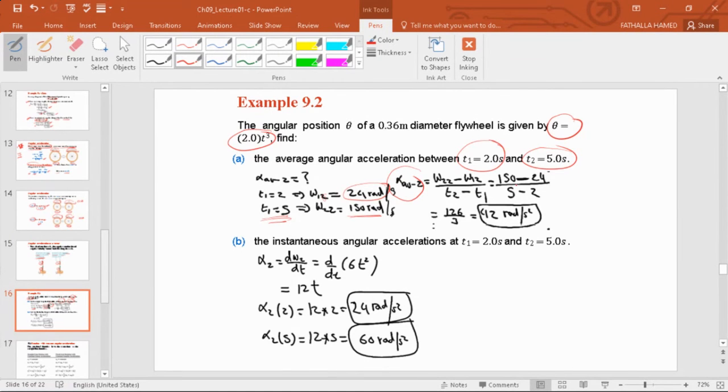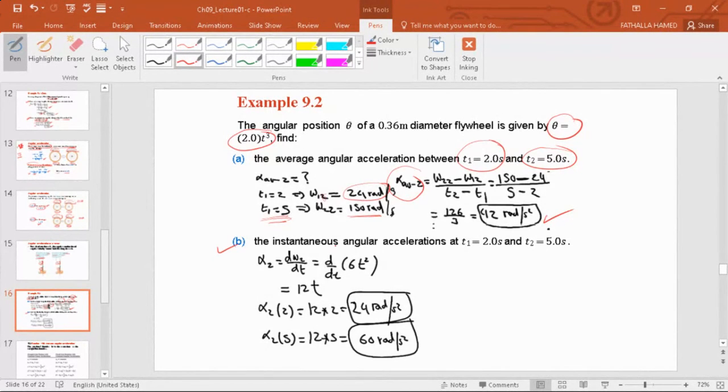So now when you do that, it will be 150 minus 24 over 5 minus 2. This will give you 126 over 3, and you get 42 rads per second squared. And that's now your average angular acceleration.